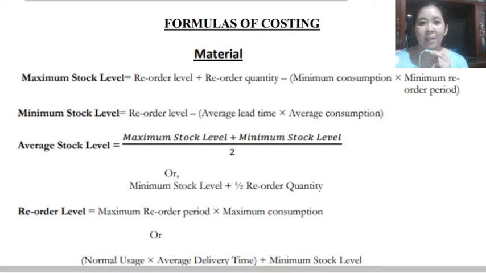When we say maximum stock level, this is when the entity makes sure that the orders or the demand of their customers are being satisfied, as well as stock outs can be eliminated, and still they have the excess inventory, aside from the demand coming from their customers. So maximum stock level can be computed using this formula.